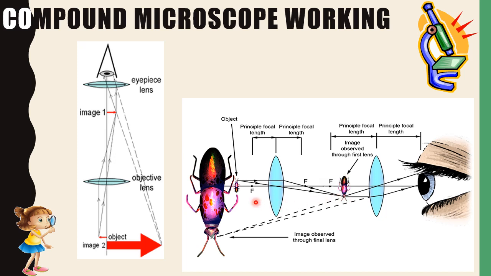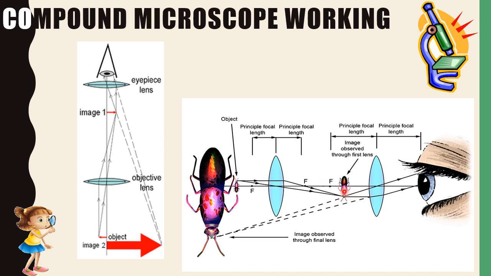So remember, the object was beyond the focal length of the convex lens. The image that you obtain will be inverted, magnified, and this image is basically formed beyond the focus of the objective, but that happens to be within the focus of the eyepiece.